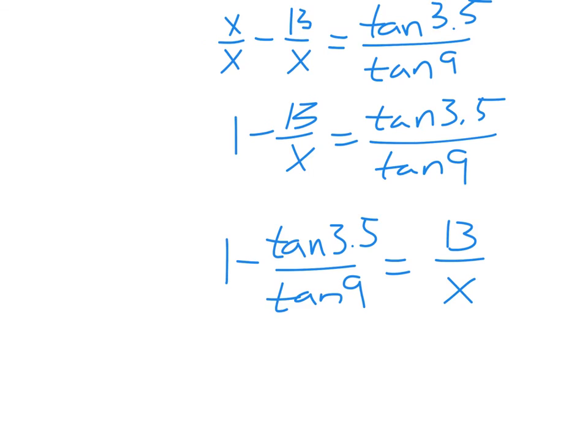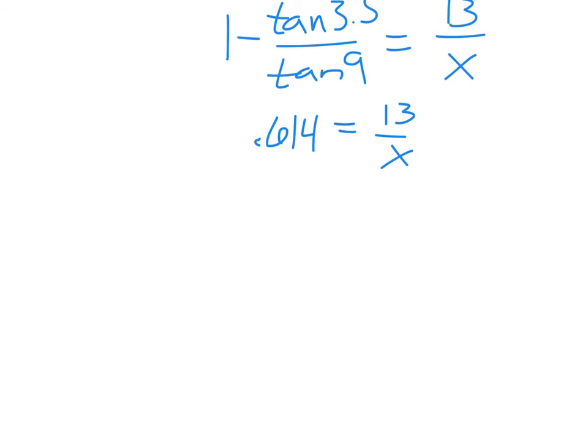Okay, so I got 0.614, we'll call it, and that equals 13 over x. I'm going to multiply by x. So 0.614x equals 13. Divide by 0.614 and get about 21.18, we'll call it.